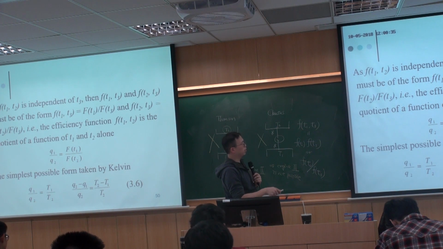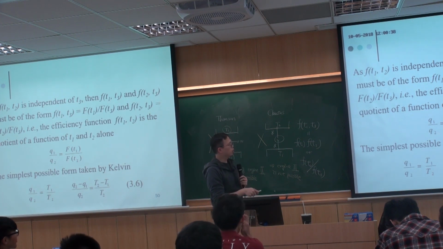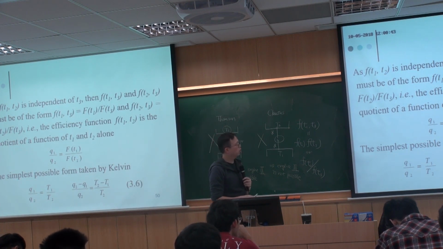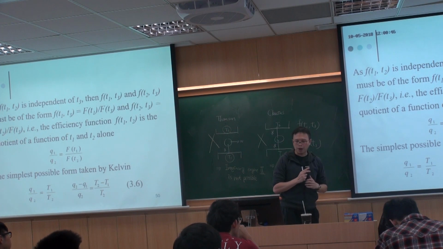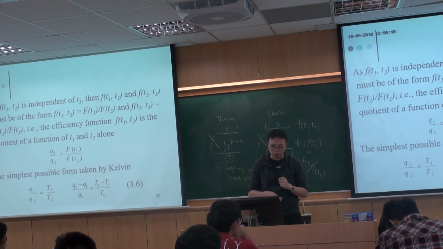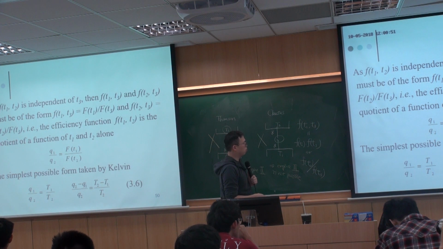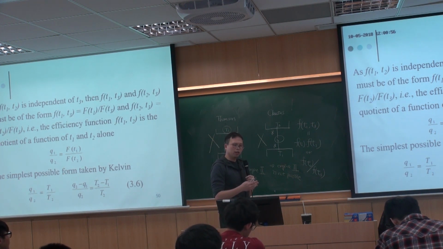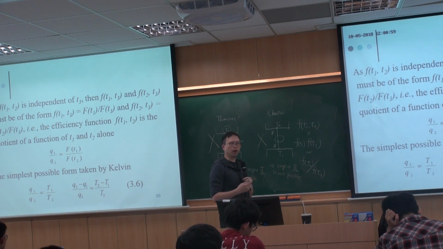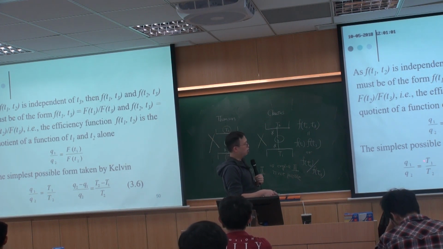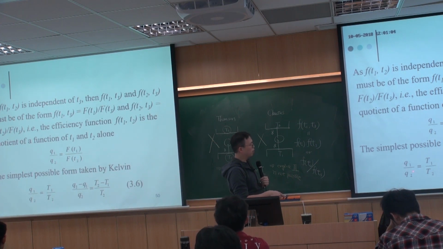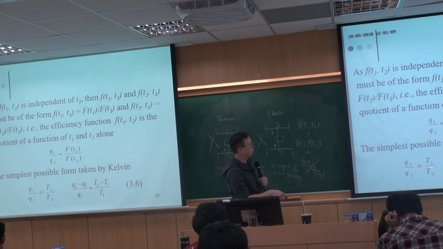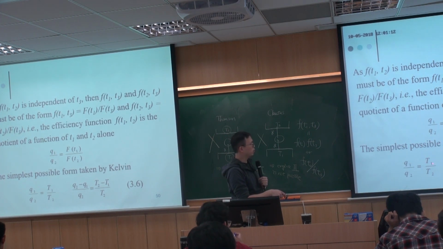So we come up with this idea that Q1 over Q2 should be the function of temperature 1 over the function of temperature 2. And the simplest possible form, which was proposed by Kelvin, is: why don't we just use temperature? Later we'll see that this is actually correlated to the definition of entropy. And right now we put Q1 over Q2 as the ratio between temperatures, because originally it's a function of temperatures, but right now we use the temperature itself.